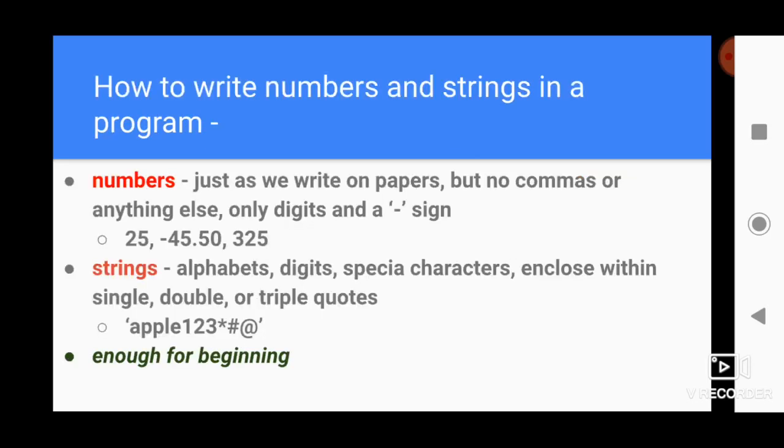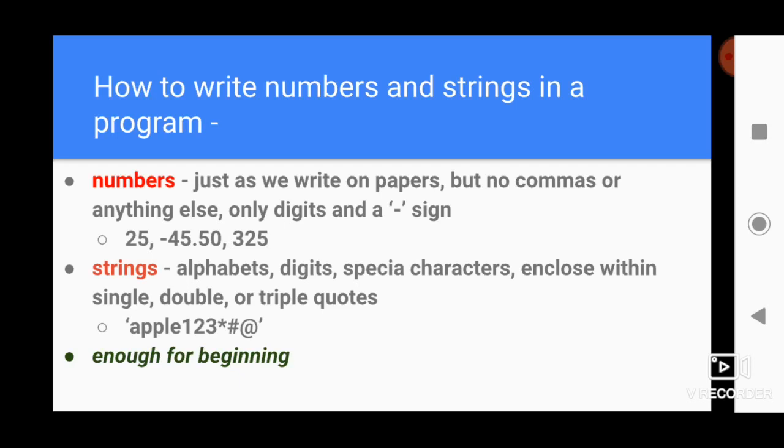Now, before we see our first example program, we must understand how to write numbers and strings in our programs in Python. See, we said that Python is a technical language, and everything which we write in Python has to be done according to some certain rules which govern how to write that part of the program.